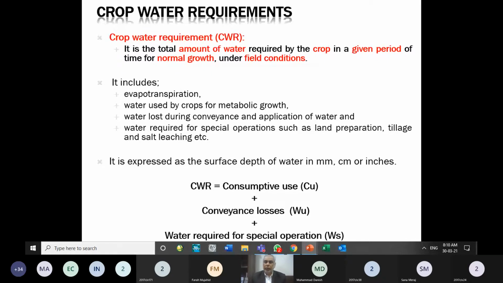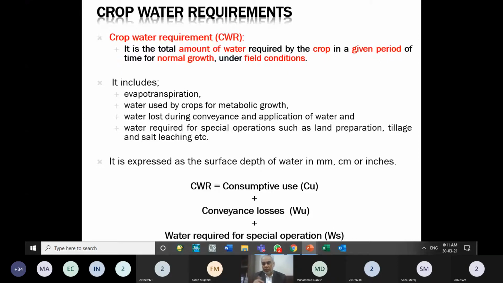And the quantity of water applied to the crop, or to the soil, or to the field can be mentioned either in terms of volume, so many cubic meters, so many liters, so many acre feet of water should be applied, or in terms of depth of water for a unit area or for a certain area.